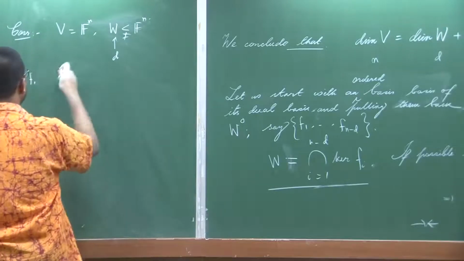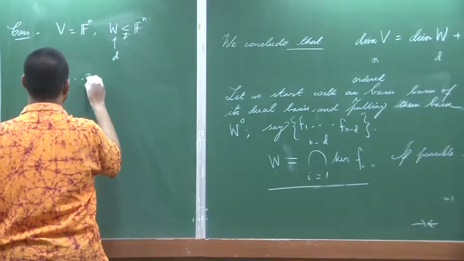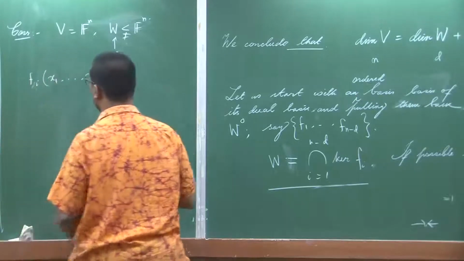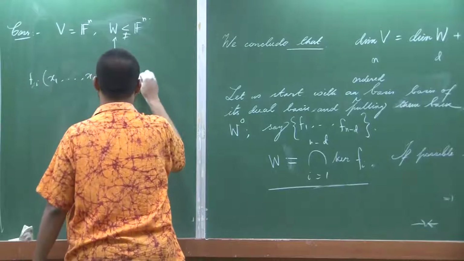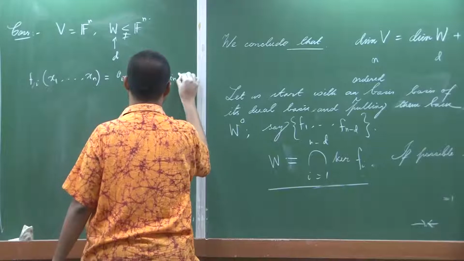We know how a typical functional from Fn to F looks like. So, we will have scalars a1 up to an and x1 up to xn.